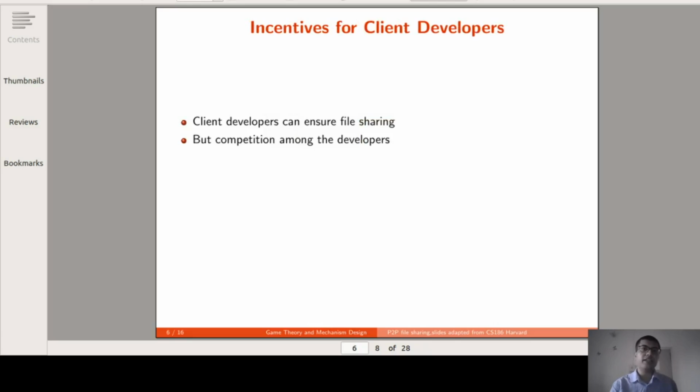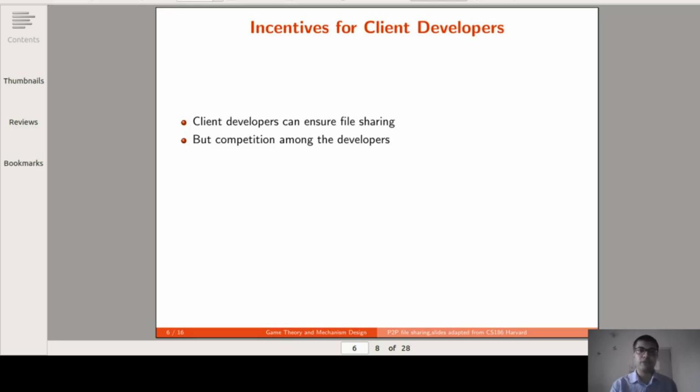Now you might think that the clients, this is all software based, right? So you can write a client for the peer-to-peer system which ensures that everybody uploads. They cannot choke the uploading streams. But that is not possible, because there could be competition among the developers of these clients.